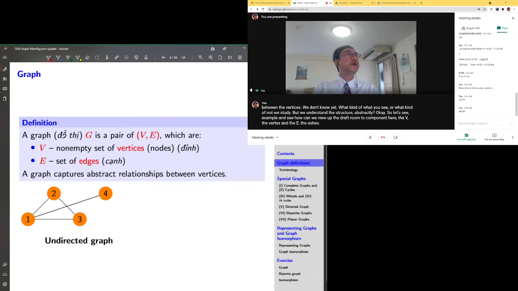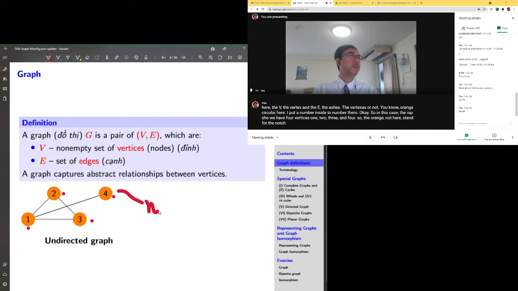The vertices or the nodes are the orange circles here. I put a number inside to number them. Okay, so in this case, the graph G has 4 vertices: 1, 2, 3, and 4. So the orange node here stands for a node or vertex of the graph.